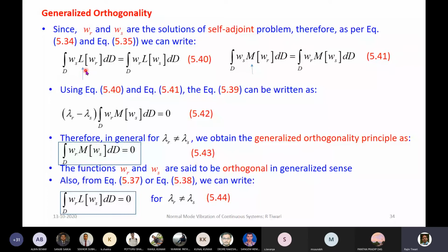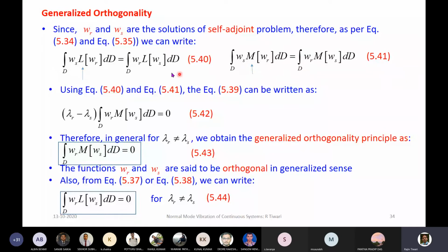So if the operator L is self-adjoint, even if we swap this to WR and WS, that should be equal. So that is the self-adjoint property of the L operator. Same thing we can have for the M operator. So WS, WR, if we swap this, then also it should be equal. So this is the self-adjointness property.